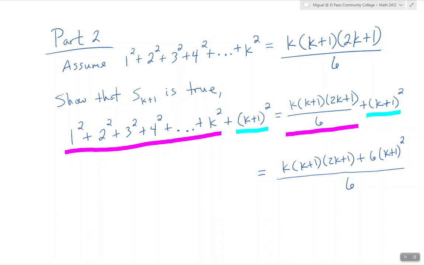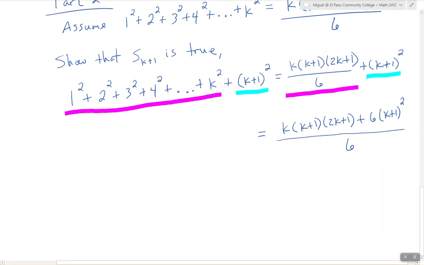Because if I start multiplying all this out, that's going to be k cubed, right? Plus some k squareds, and then it's going to be order 3, right? A polynomial, and those are kind of harder to factor out. So let's see if we can separate it before it gets to that point. So everything's over 6, right? So let's take out the k plus 1 here.